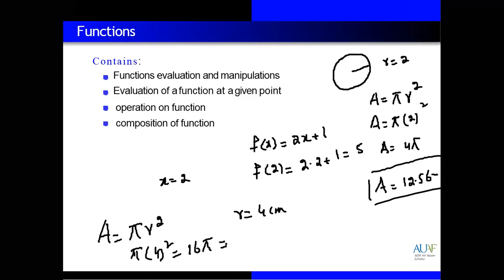And 16 multiplied with pi equals 50.26 centimeter square area. It's called evaluation of a function. Finding a function at a given point. The given point means r is equal to 2, r is equal to 4. This is called evaluation of a function.